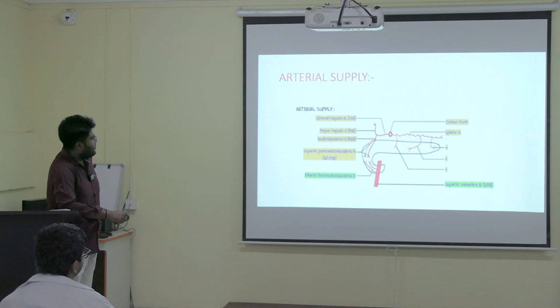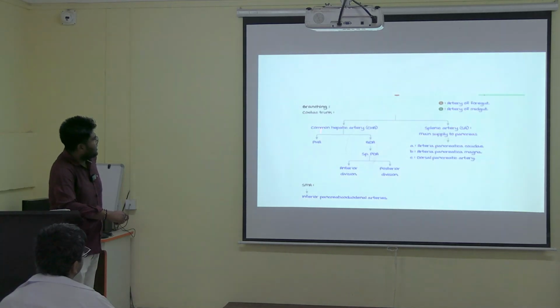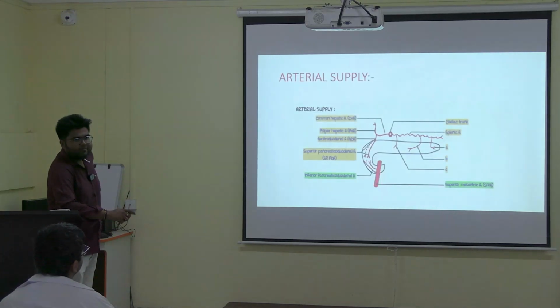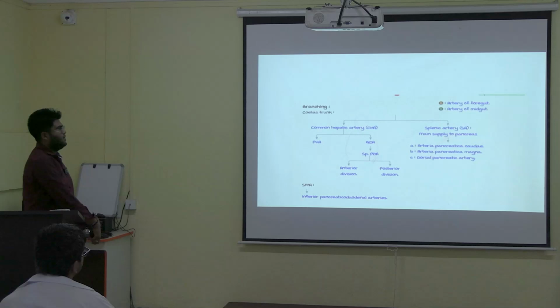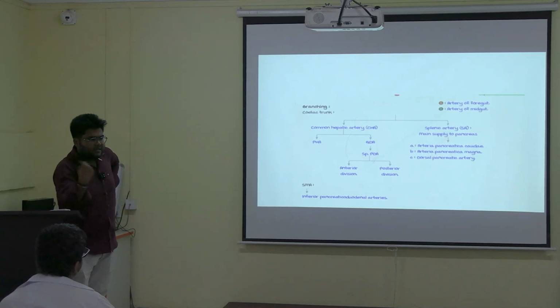The gastroduodenal artery gives the superior pancreaticoduodenal artery, which supplies mainly the head region. From the superior mesenteric artery comes the inferior pancreaticoduodenal artery, which also supplies mainly the head. If the arterial supply is asked, draw this diagram: celiac trunk, superior mesenteric artery, and splenic artery.